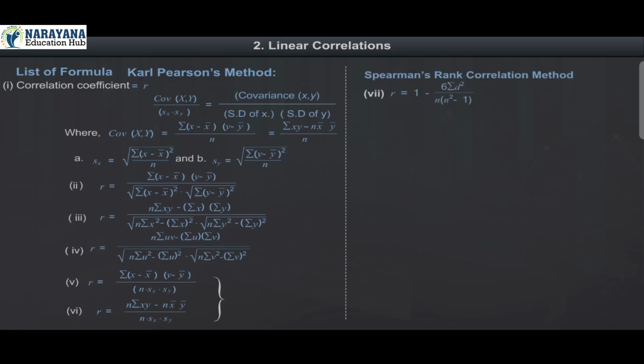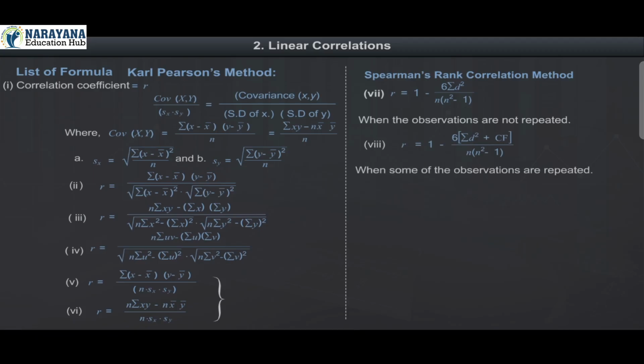Spearman's rank correlation method. 7. r is equal to 1 minus 6 sigma d square divided by n into n square minus 1, when the observations are not repeated. 8. r is equal to 1 minus 6 sigma d square plus CF, divided by n into n square minus 1, when some of the observations are repeated, where d is equal to rank of x minus rank of y, is equal to Rx minus Ry.